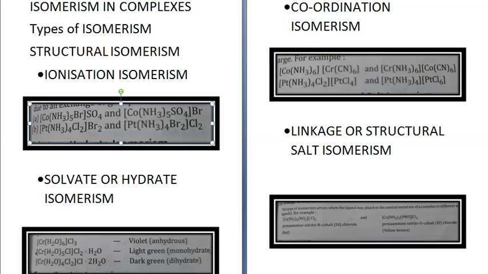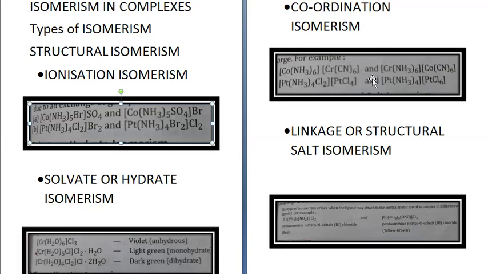Now in this, you see, in the first case, coordination sphere consists of [Co(NH3)6] and the second coordination sphere is [Cr(CN)6]. Now in this, Co and Cr are the central metals.